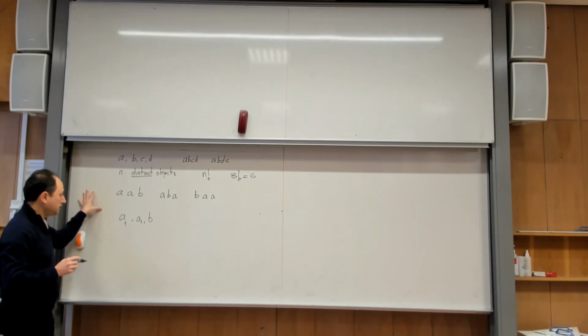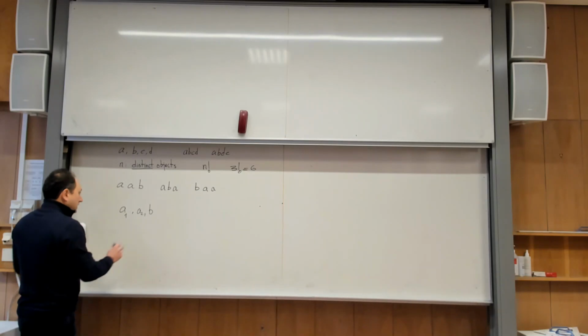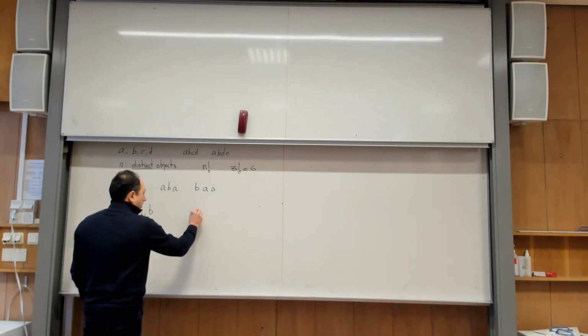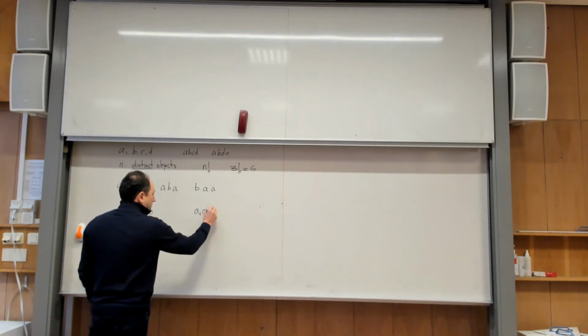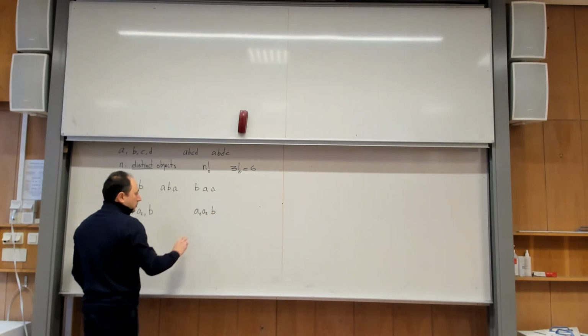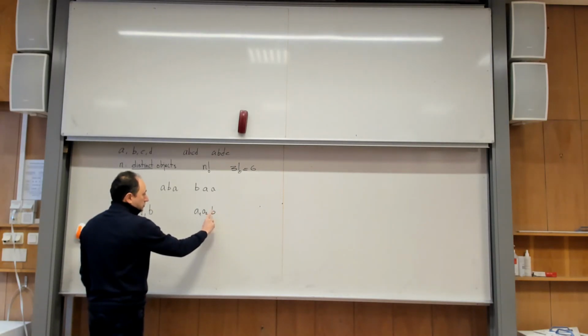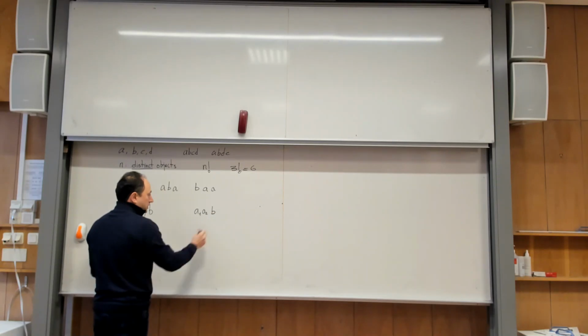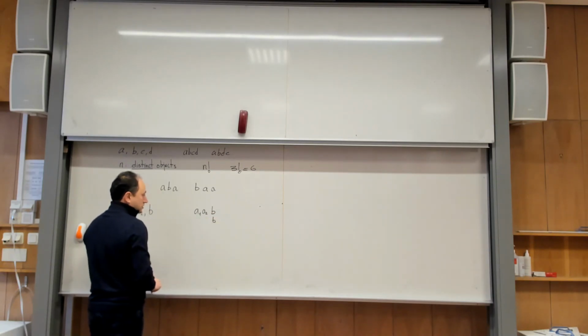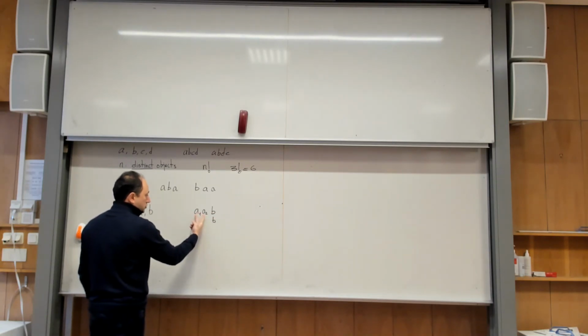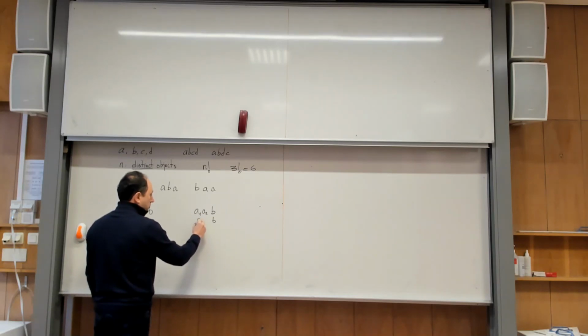But let us look at it this way. I write A1, A2, and B. The point is that I do not want to touch B. I will keep the position for B as it is, but I interchange these 2. So it becomes A2, A1, B.